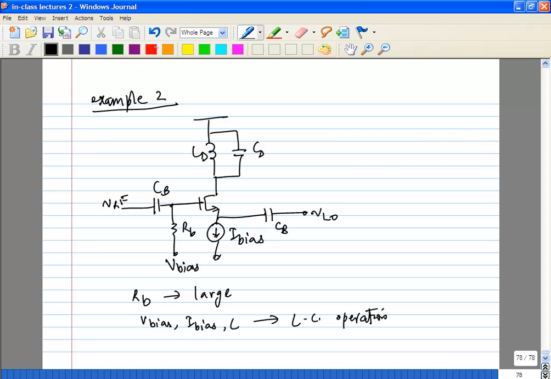If you design a short channel mixer like this, it will show inferior performance to a long channel mixer. The other thing you want to avoid is subthreshold operation, because in subthreshold the transistor characteristic is exponential, right? So you want to avoid that. You want to get a pure square law.